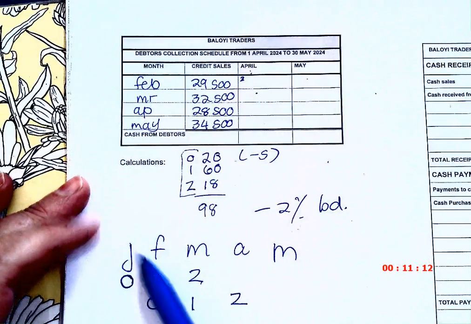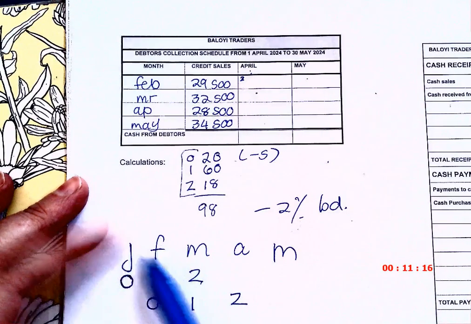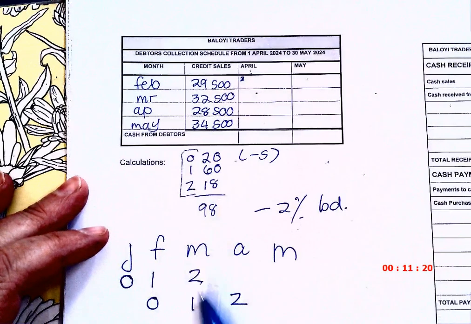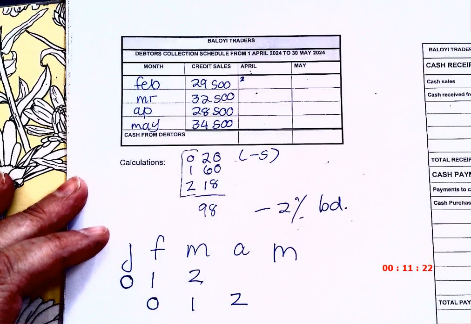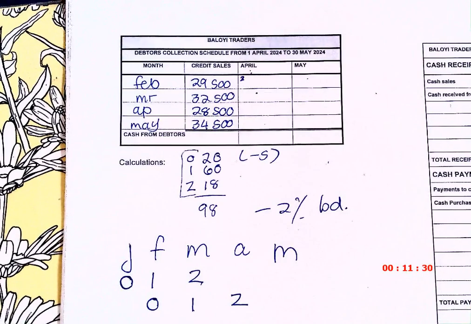So if I look at January, I'm going to budget for January, February and March. So the budget ends before April starts. Is that your question? That's what I just answered.